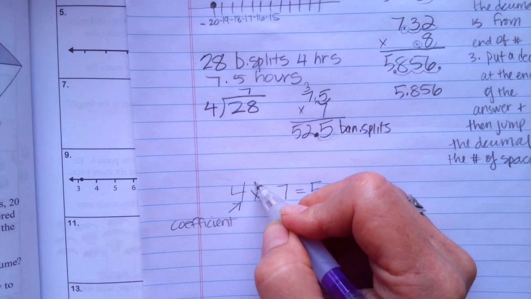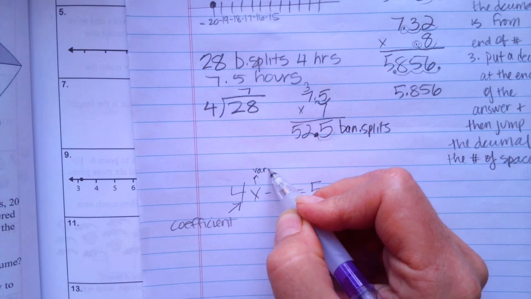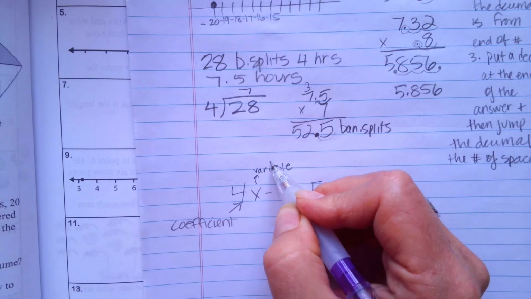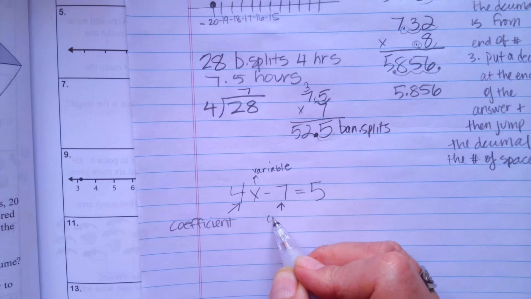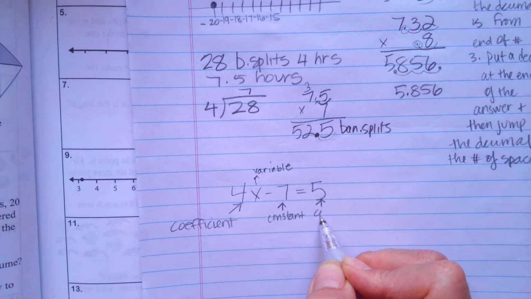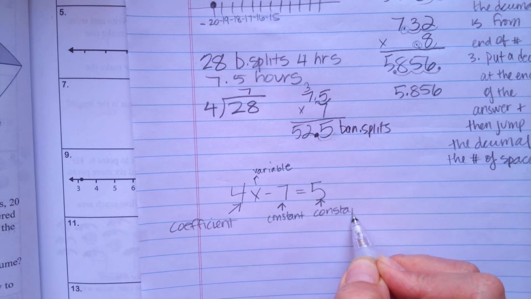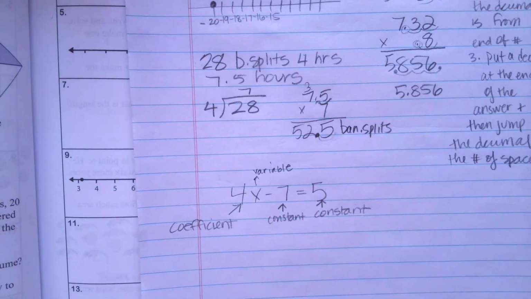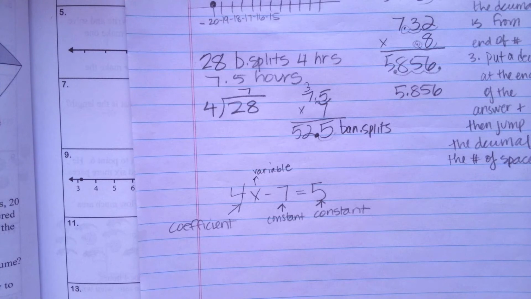You're going to label this variable. You're going to label this constant. And you're going to label this constant. And then let me know when you're done with that, and I will tell you what all of that means.